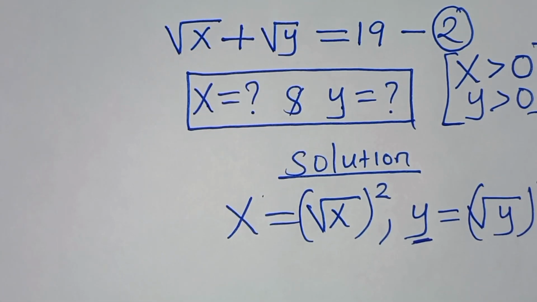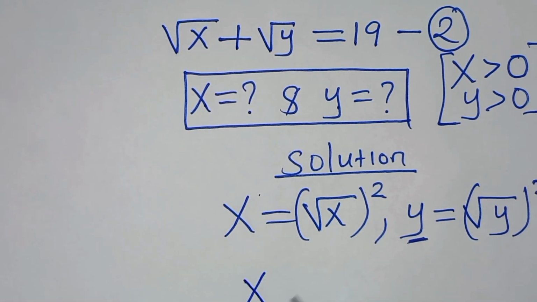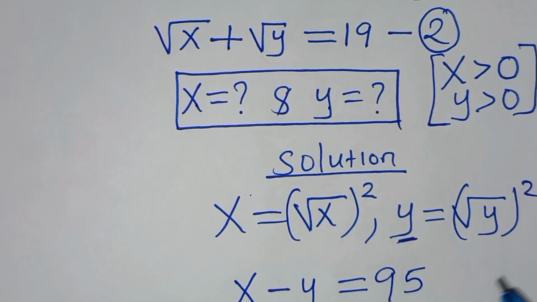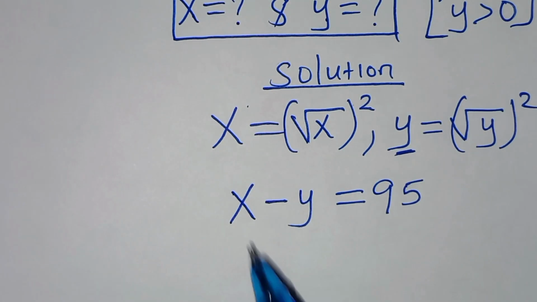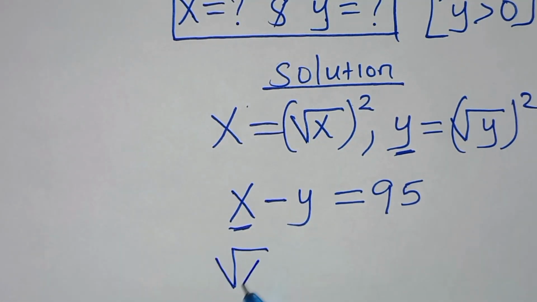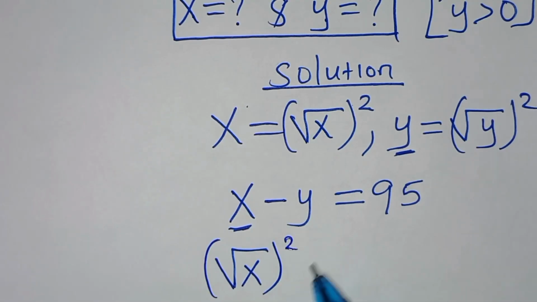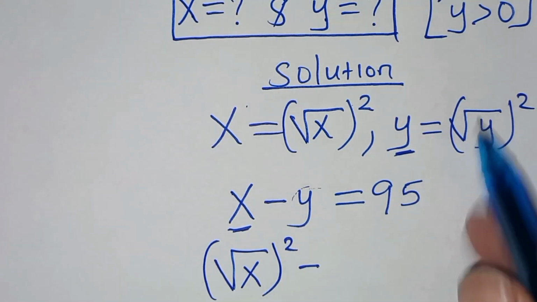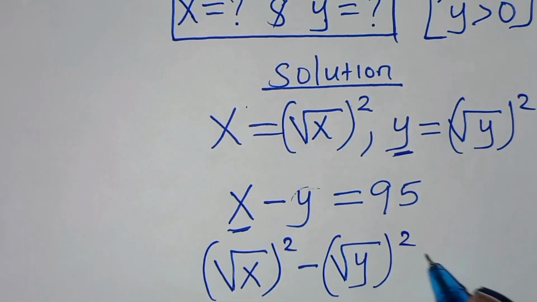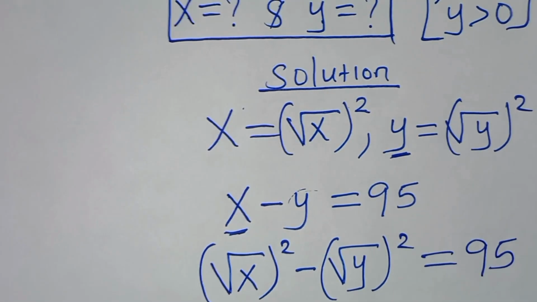Now in equation 1, x minus y is equal to 95. So where we have x, let's substitute square root of x squared, minus y, which is square root of y squared. This is equal to 95.